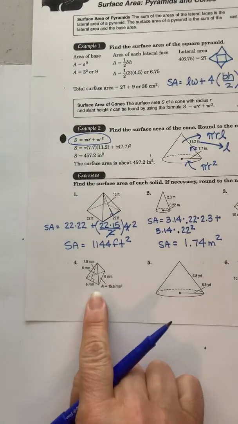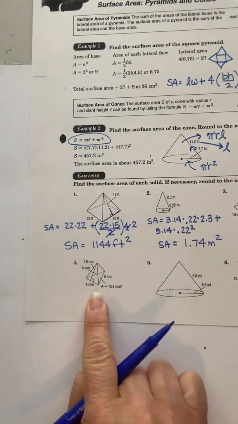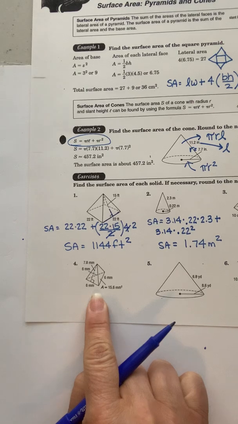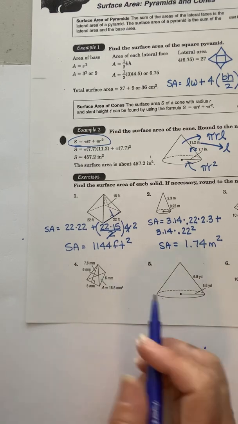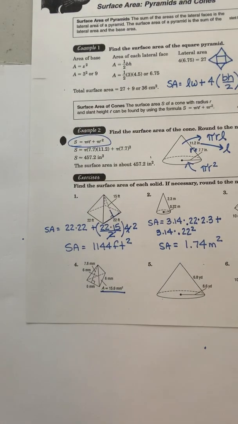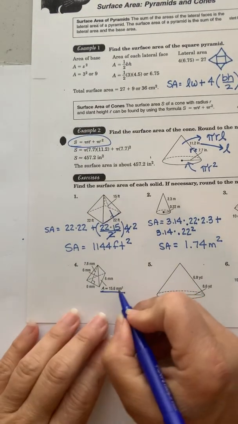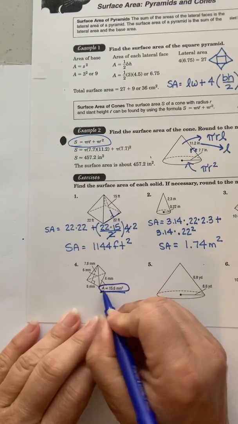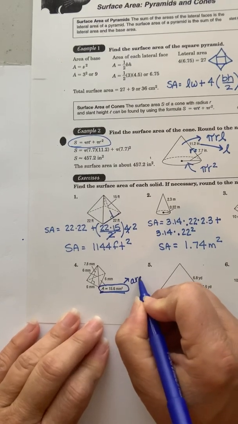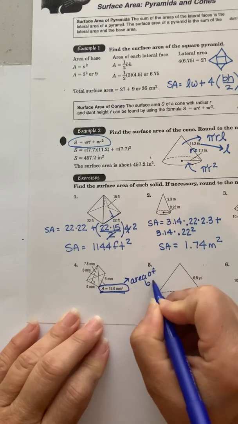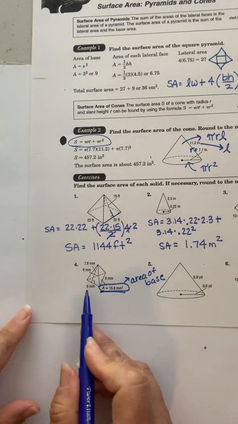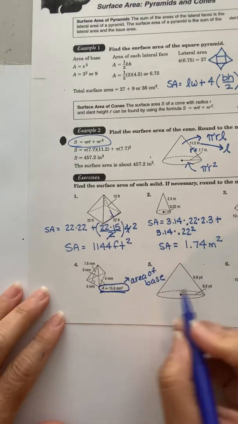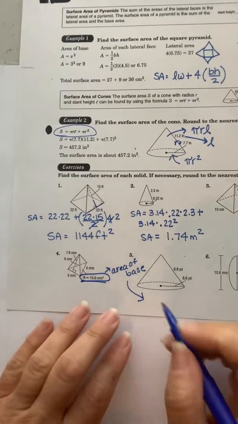And the last one that you're going to see is like this. This is a triangular one. And none of the ones that you're going to do will you have to find the triangular base. They're already going to give you that here. So circle this right here, that's the area of the base. They've already done that for you, okay? So for one like this, let's write that out.